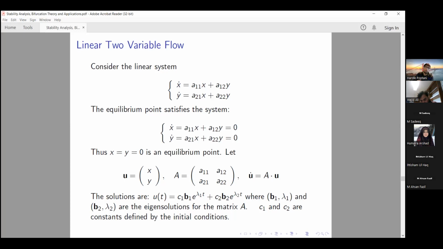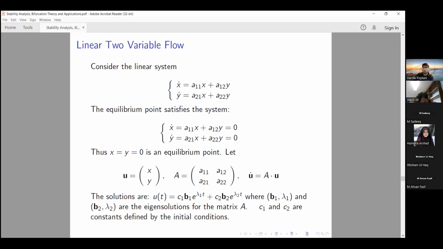Obviously, we can check that x equals y equals 0 is an equilibrium point. Since we have a two-variable system, we can create a matrix A that consists of all the parameters and a vector u of x and y, such that u dot is equal to A times u.